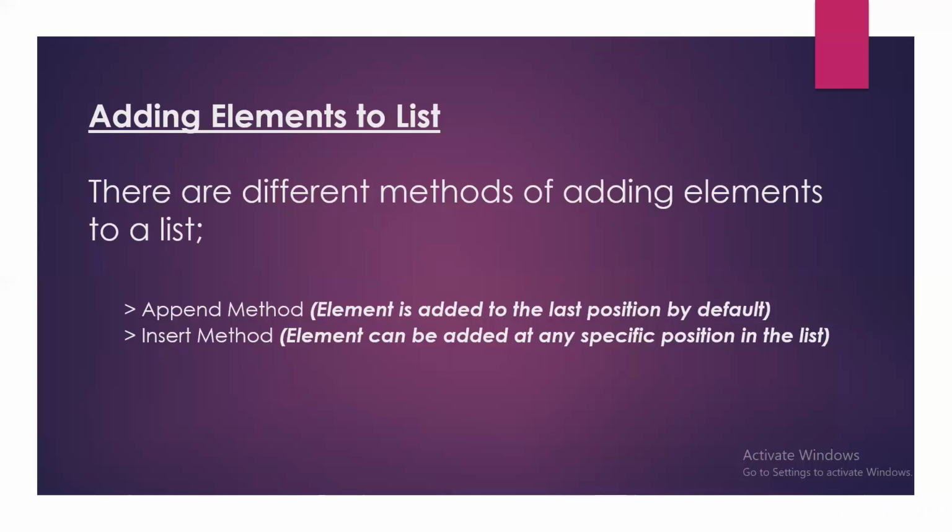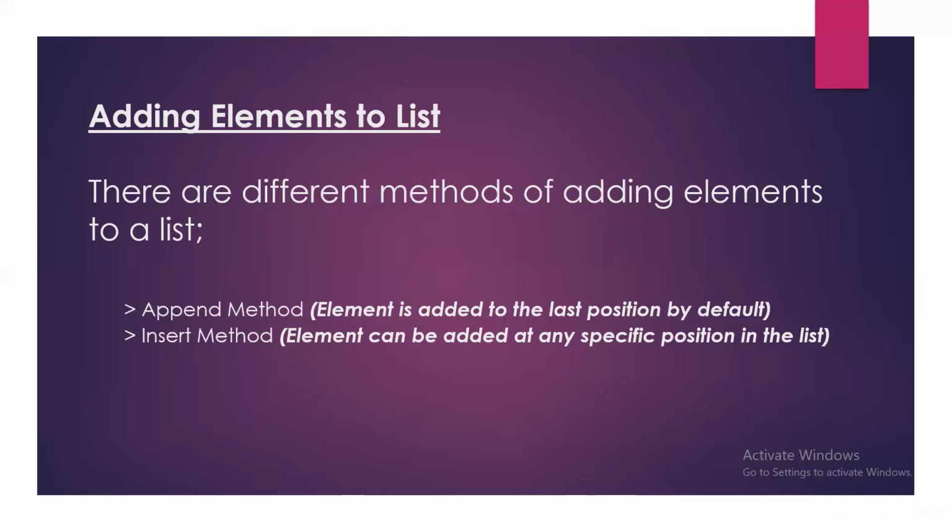Now we will discuss some further functions that we can perform on a list. We'll see how we can add an element to a list. There are different methods of adding elements to a list. One of the methods is the append method.